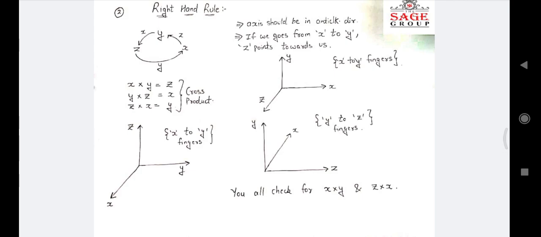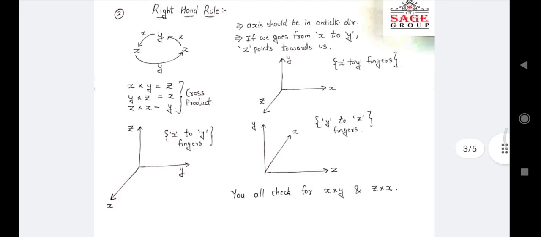So you always follow the order I have written over there and mentioned by the arrows: x to y, y to z, and z to x. Your curling fingers will always follow this order, and the third axis will be given by your thumb. You can also learn this concept by the cross product: x cross y is equal to z, y cross z is equal to x, z cross x is equal to y.